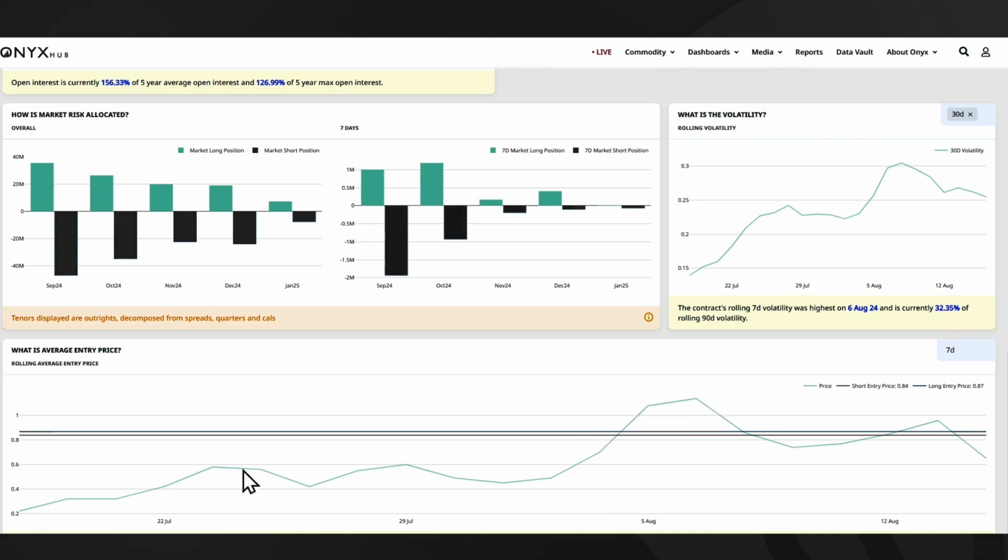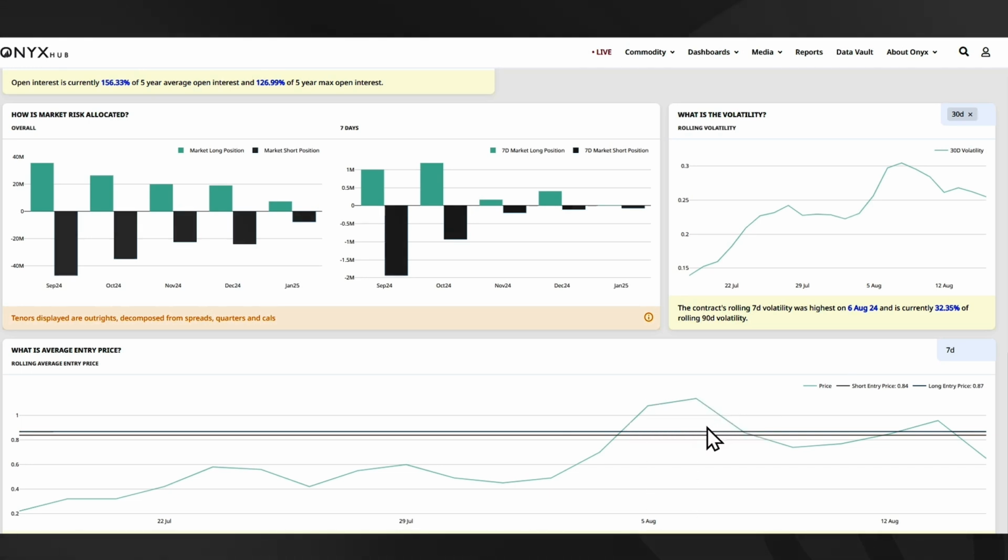Now, looking at the evolution of price relative to entry prices, and precisely relative to the short entry prices, we can see that shorts have been in the money until the beginning of August. Then we have seen a change in positioning, and especially from a few days in the beginning of August, shorts have been out of the money.